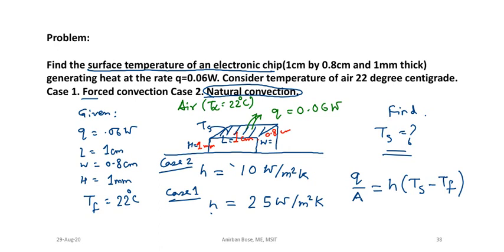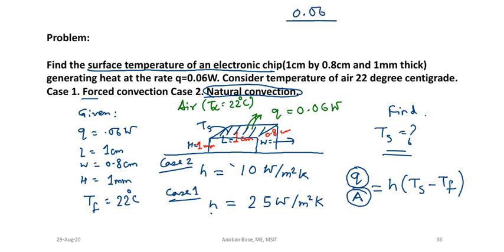Here you know the value of Q and the area, assuming heat is transferring only from the top surface, because 1 millimeter is very small, so we are neglecting the heat transferring through the other 4 side surfaces.